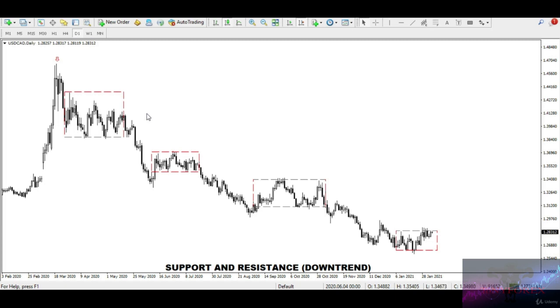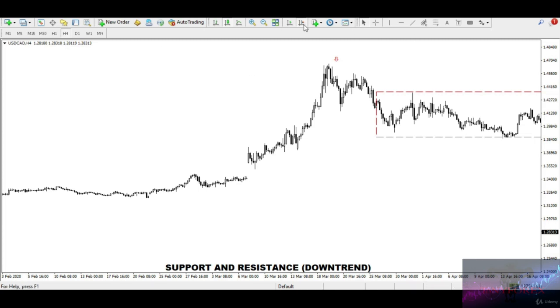I will quickly switch to one lower time frame on MetaTrader 4 to see how price candles respected the boundaries of sideways price movement.